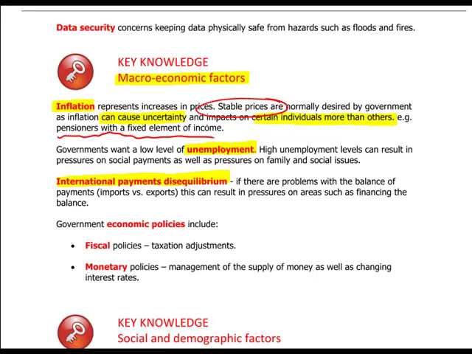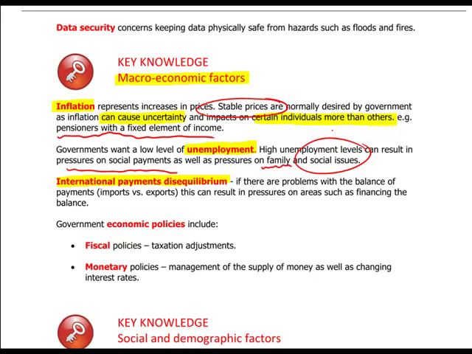For the people that don't have a job, the government will help support them, and that can bring pressures on government finances. But there's also the more human aspect. It can bring pressures on family relationships and the bigger picture social side of things, where it's not a good thing to have lots of people unemployed, hanging around, not working.